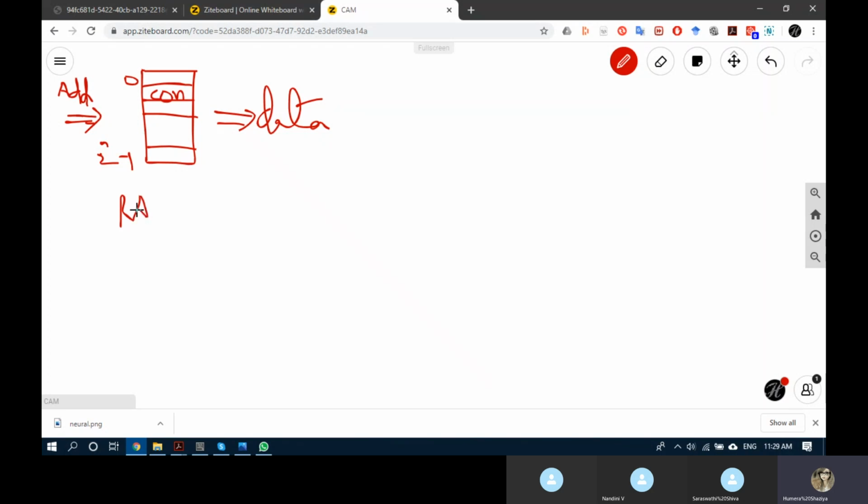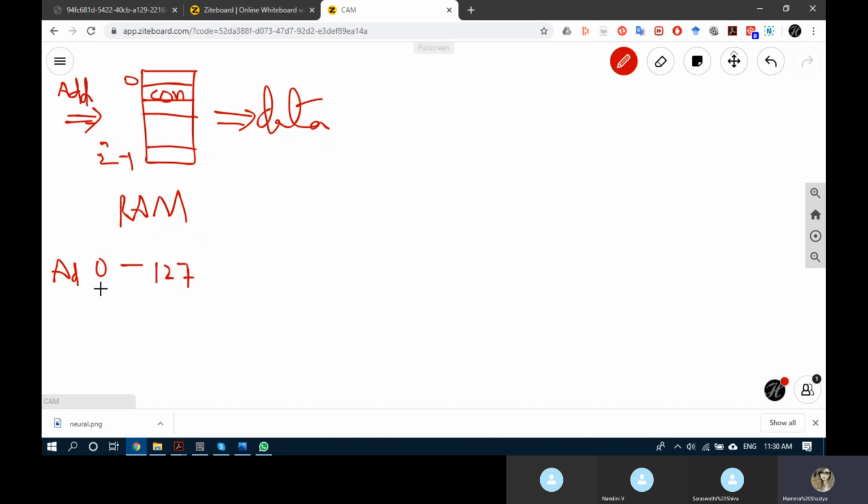If n is 7, how many locations will you have? 0 to 2 to the power of 7 minus 1, which is equal to 127. So these are addresses. What will be stored in this? Data and instructions may be stored.